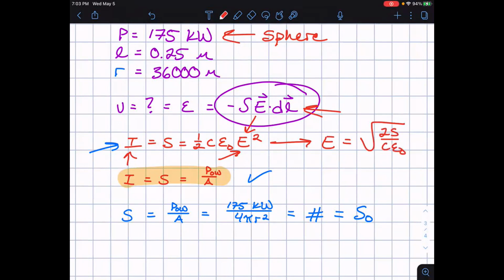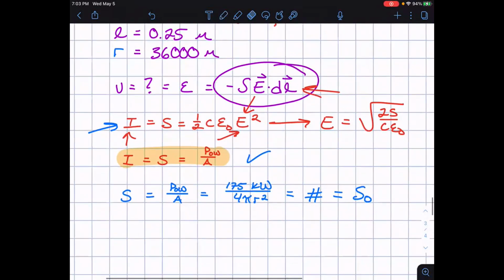Just making sure I did my algebra right. Yep. So that was just rearranging that equation to solve for electric field. And notice here I've got all these numbers now. Intensity was my problem before, but I do have it now, so I'll just type in S naught instead of S.